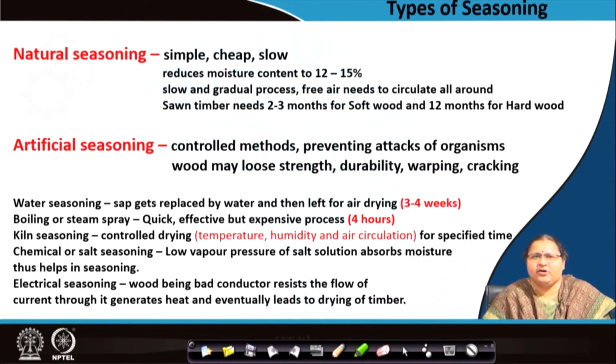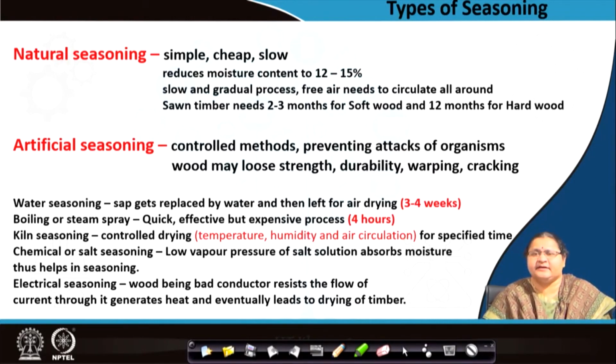Whereas the boiling or steam spray, you see, is a very quick and effective way where the logs are put in boiling water, where the boiling water moves through the grains or the fibers, and the sap is replaced by the water.